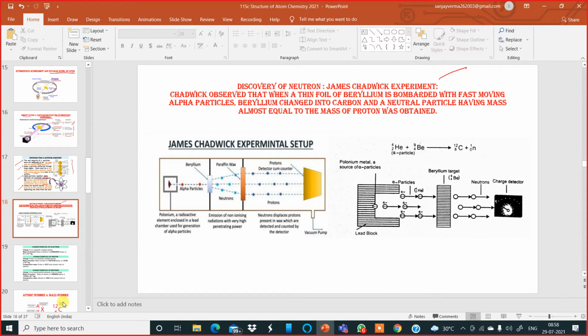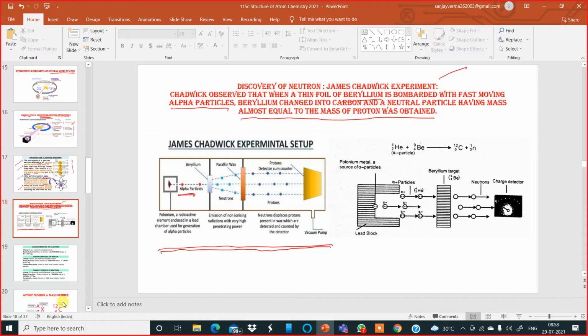Chadwick observed that when a thin foil of beryllium, very important, remember this, is bombarded with fast moving alpha particles, doubly charged helium nuclei, beryllium changed into carbon, and a neutral particle having mass almost equal to the mass of a proton was obtained. So this is how the neutron was discovered, by a method with an experimental setup like this.